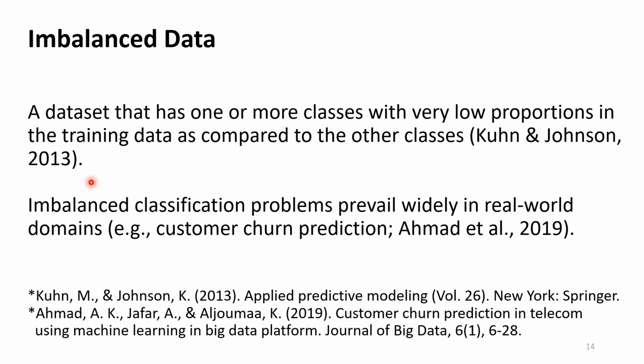Imbalanced data and imbalanced classification problems prevail widely in real-world domains, and customer churn prediction is one of them. That is, in many cases of customer prediction, churners are relatively rare compared to non-churners. And the goal of the classification is to detect potential churners.